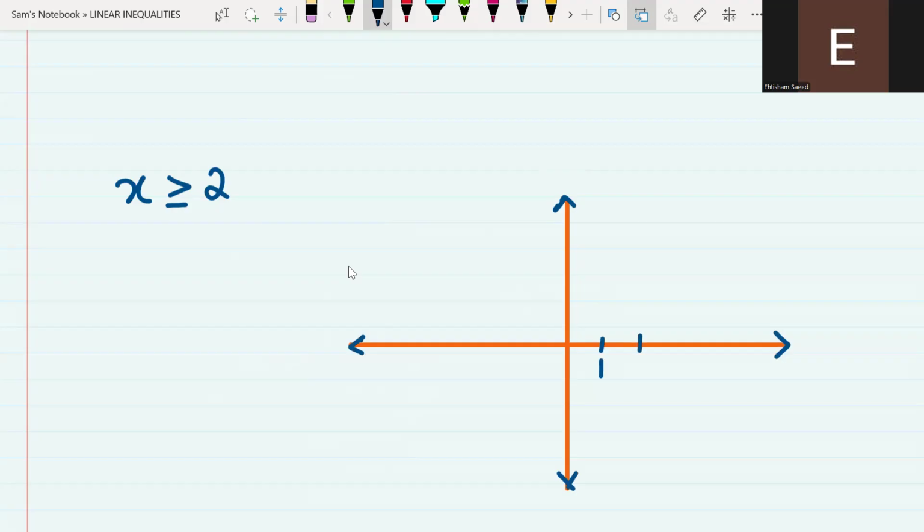This is 1, this is 2. Where will the greater region be located? I am drawing it. This is the vertical line 2. So where will the greater region be located, on the right hand side or left hand side?